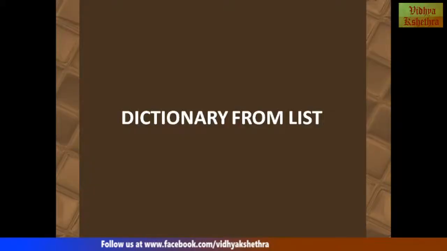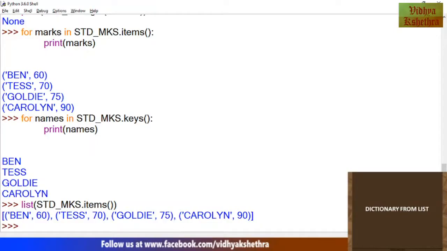Next is dictionary from list. In this we shall see how we can get a dictionary from two lists. For that we can consider two lists having the same number of elements.